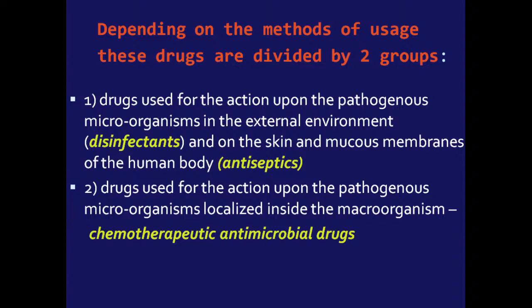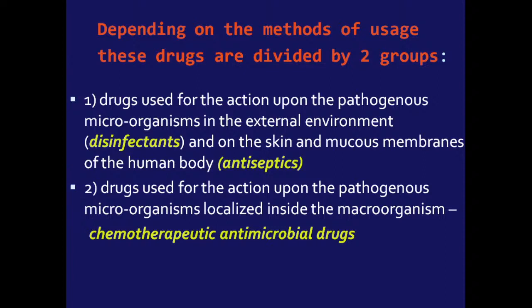Disinfectants are not used for skin or mucous membranes, but the agents used locally on the skin and mucous membranes of the human body are called antiseptics. So the first group, antiseptics and disinfectants.